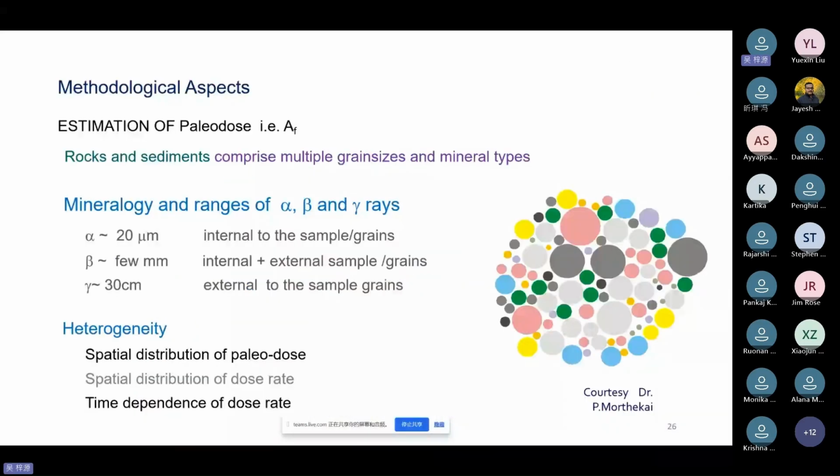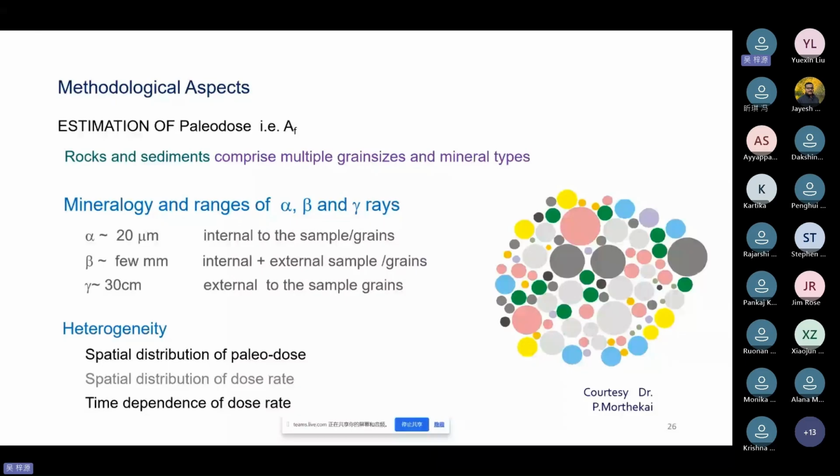Nature is complex. To give you a feel of the complexity, you can think of all kinds of minerals, all kinds of mineral types, all kinds of grain sizes. Now, we also know that in nature we get alpha particles, beta rays, and gamma rays, which have varied ranges. So depending on where an alpha particle or beta particle is emitted and what the neighboring grain size is, the whole scenario looks very complex.